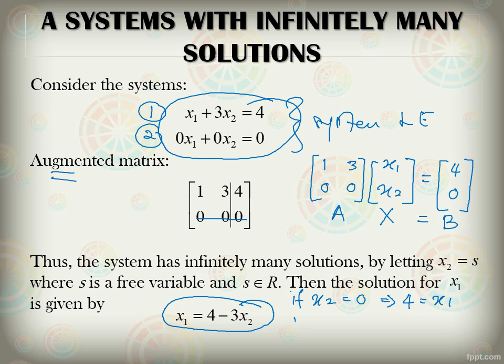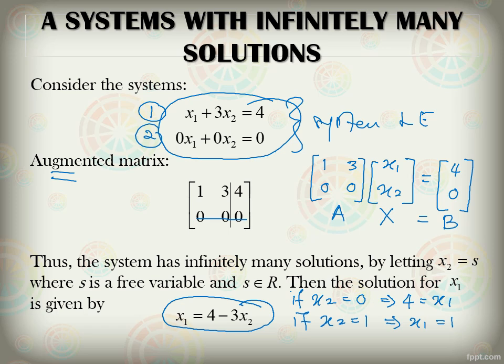You can also do it the alternate way, where you solve for x2 and substitute your x1. If your x2 is equal to 1, what would your x1 be? x1 will be 1.